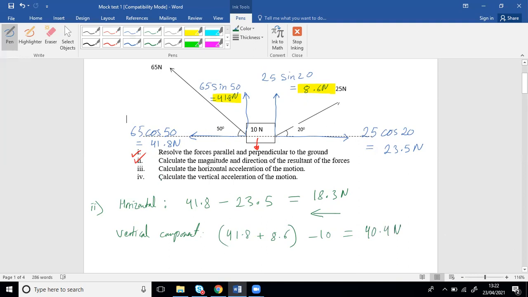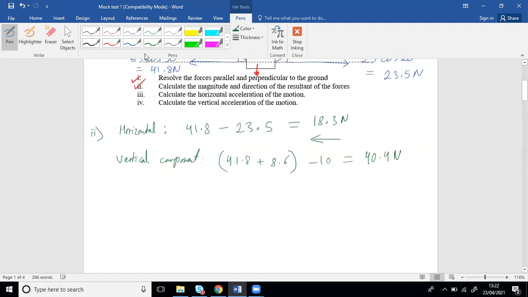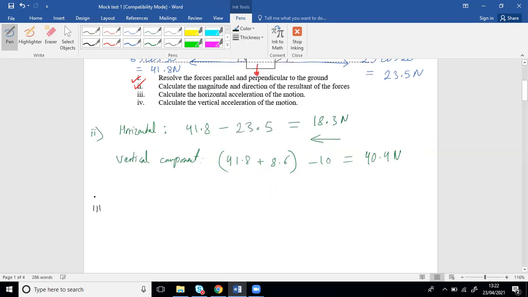Now, number 3, calculate the horizontal acceleration. If I want to do the horizontal acceleration, I'm going to use this formula. Acceleration would be resultant force over mass. I've got the resultant force for the horizontal, but I need to work out the mass.